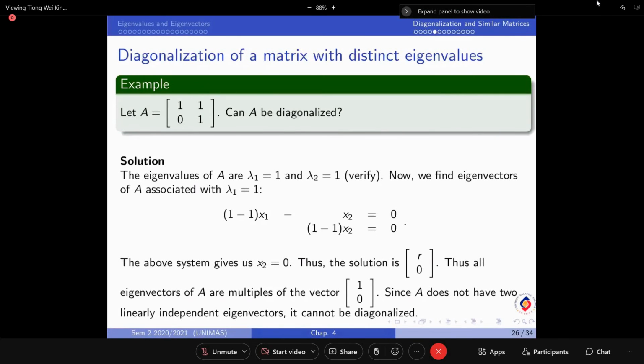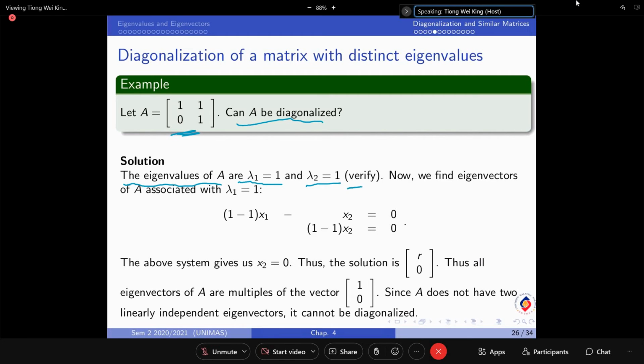Now another question: let A be this. Can A be diagonalized? Now the eigenvalues, if you find them, the eigenvalue equals 1 and 1.